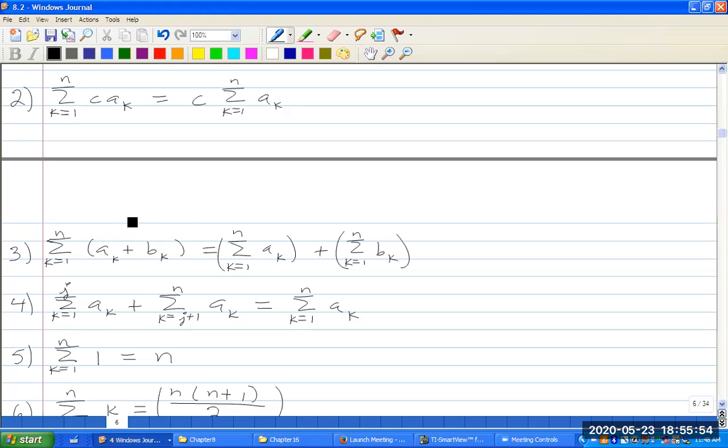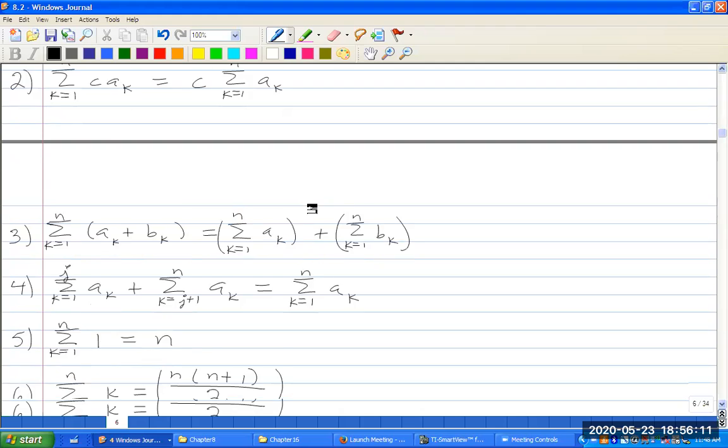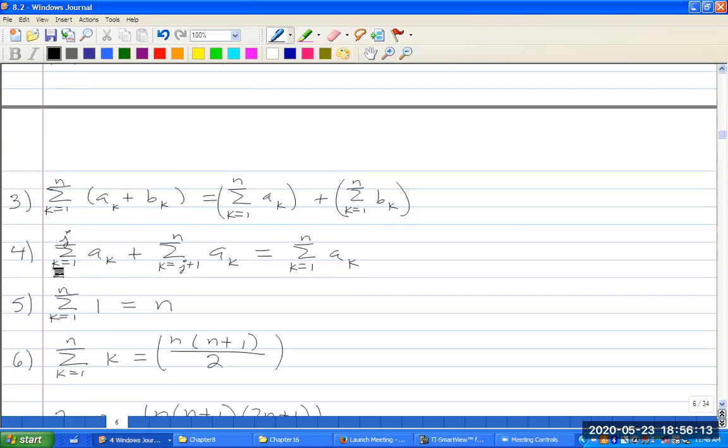Using the commutative and associative properties, the series of a sum of two sequences is just the sum of their series derived from these sequences. The sum k equaling 1 to j of a sub k plus the sum k equaling j plus 1 to n of a sub k is the sum k equaling 1 to n of a sub k.